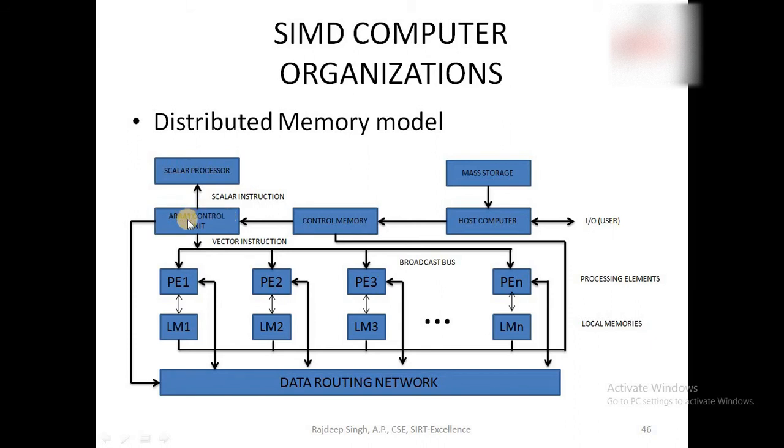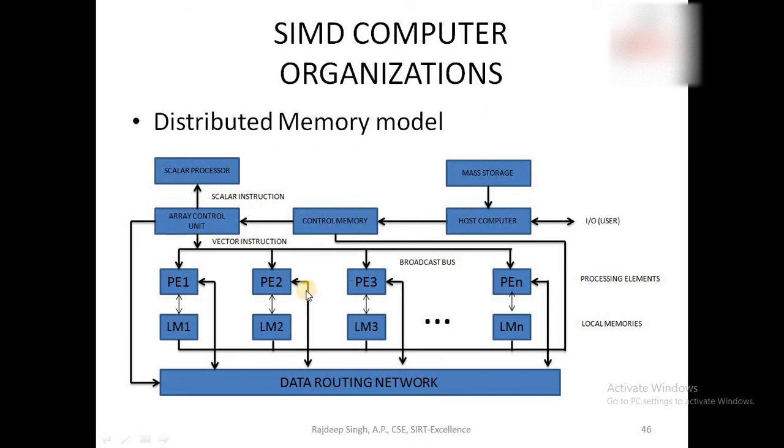If the decoded instruction is of scalar type, it will be forwarded to the scalar processor and executed there only. And if it is a vector instruction, then it will be distributed among PE1, PE2, PE3 and so on, that is, the processing elements.